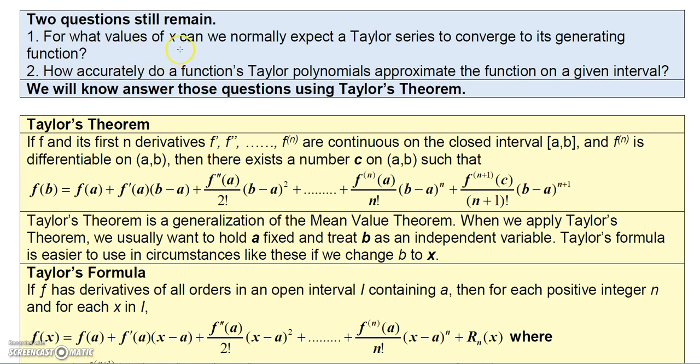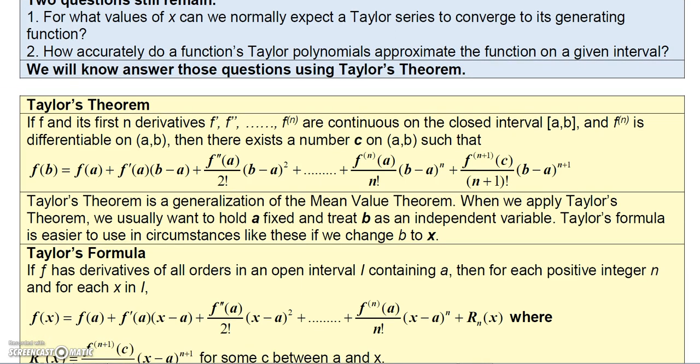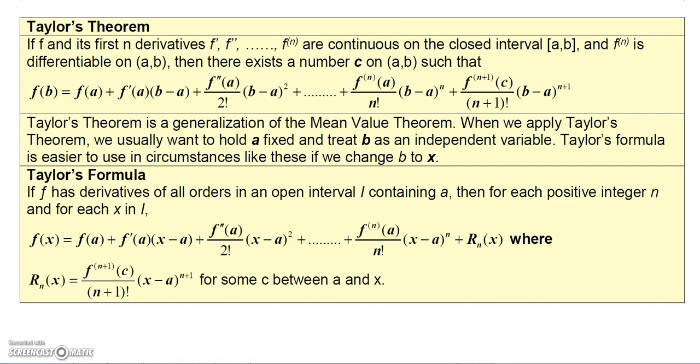One question is, for what values of x can we normally expect a Taylor series to converge to its generating function? In other words, the interval of convergence. And how accurately do a function's Taylor series polynomials approximate the function on a particular interval? Well, that's where we need Taylor's theorem.